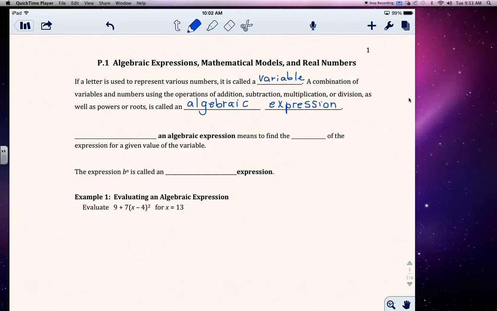Evaluate an algebraic expression means to find the value of the expression for a given value of the variable.